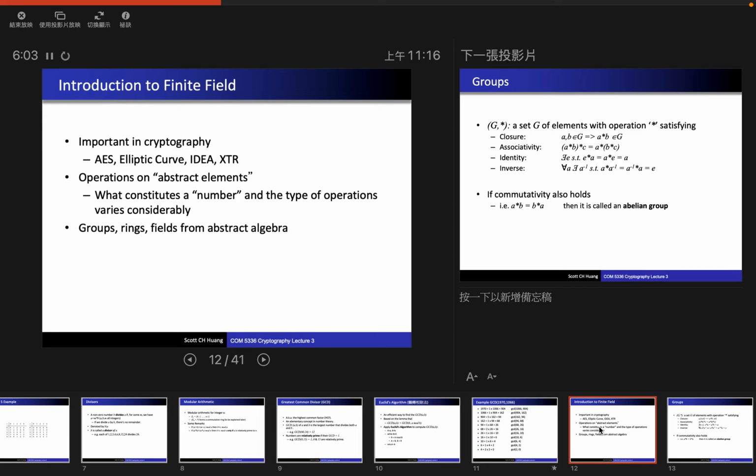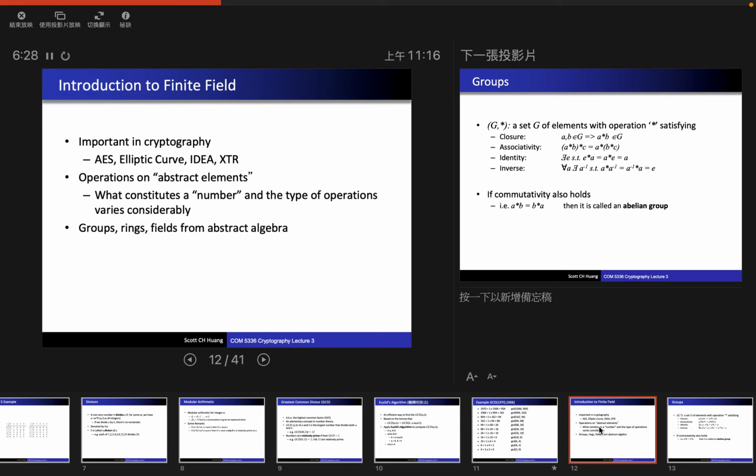Okay. The idea of finite fields is that it supports all 4 types of operations: addition, subtraction, multiplication, and division. These operations are very similar to the arithmetic operations we learned in high school.